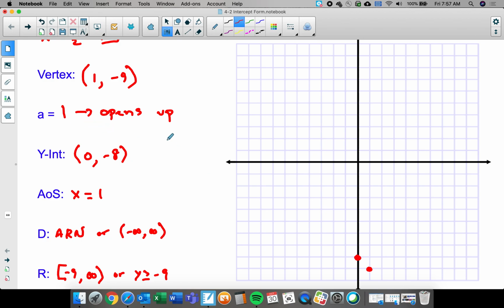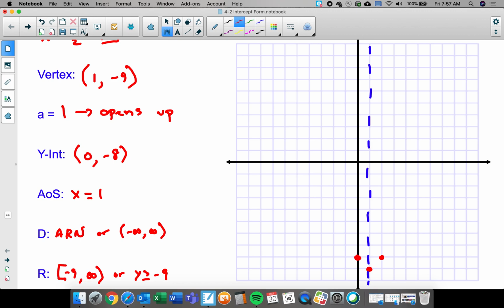If I go from my vertex up 1 and over 1, that'll give me one of my points, which is the y-intercept, and then I can go over the other direction to get the other one. So there's that point. It also matches up with our line of symmetry we said was x equals 1, which goes right down the middle of my parabola.